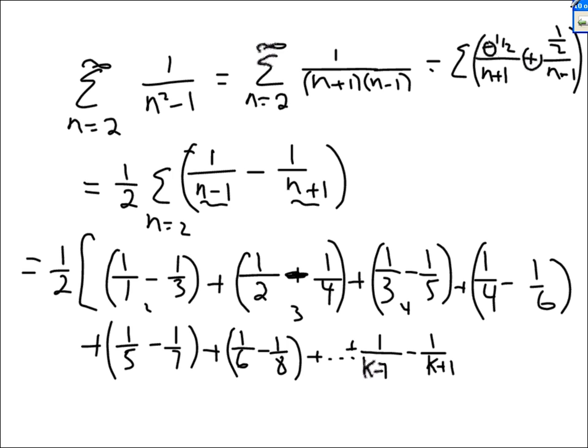This here was when n was 7, and this here is when n is k. Now n is k plus 1. k plus 1 minus 1 is k, and k plus 1 plus 1 is k plus 2. Forever and ever.